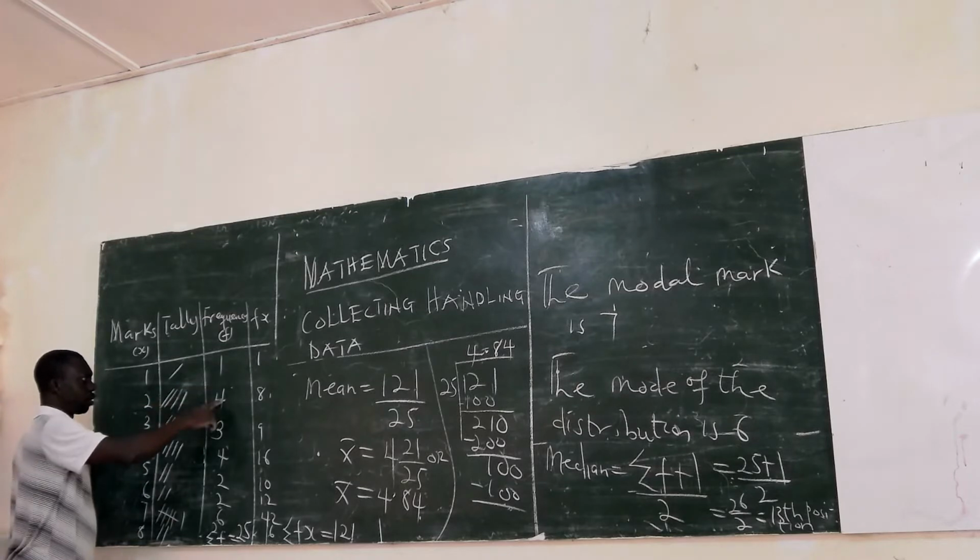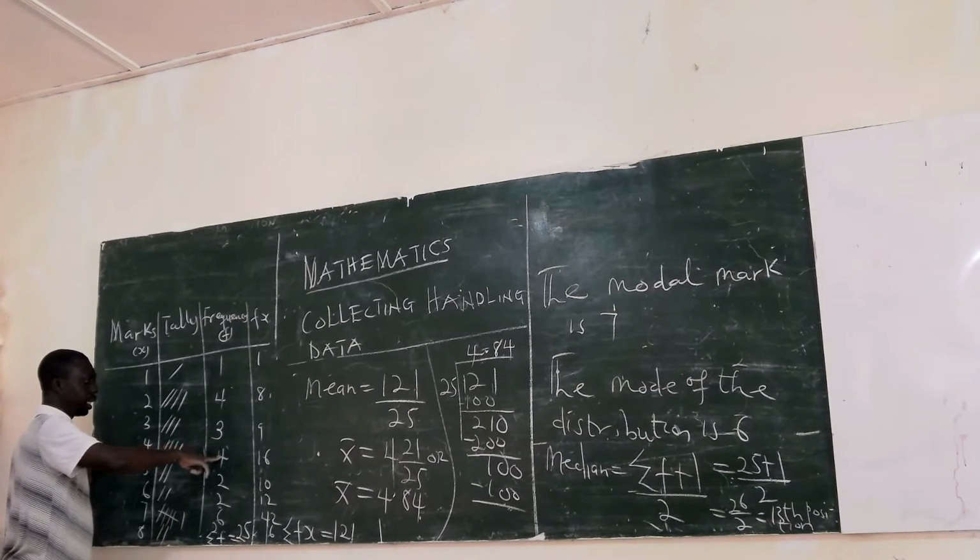And 1 comes here, this will give us 5, 8 plus 4 is 12, 12 plus 2 is what?